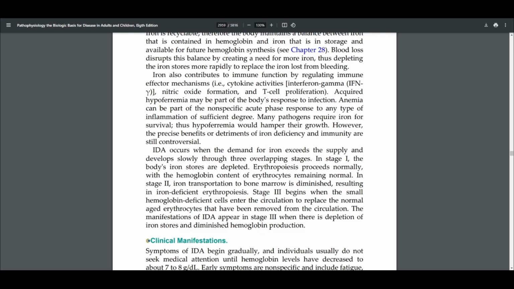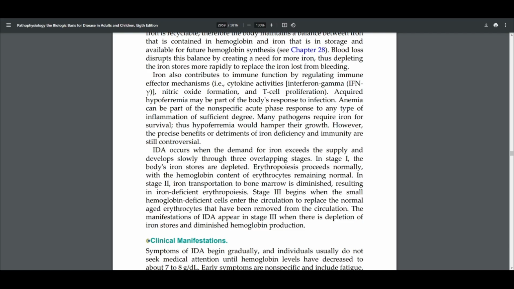Anemia can be part of the nonspecific acute phase response to any type of inflammation of sufficient degree. Many pathogens require iron for their survival. Thus, hypoferritemia would hamper their growth. However, the precise benefits or detriments of iron deficiency and immunity are still controversial.